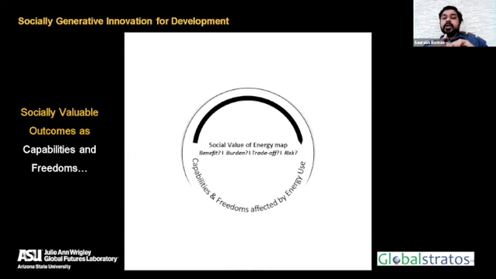By the utilization of energy, or by the infrastructure being present in my periphery, what are the kinds of outcomes being generated, and are those outcomes beneficial, burdensome, or risky for my capabilities and freedoms to pursue my well-being aspirations? Now, this can be applicable to an individual, to a household, or any unit of analysis that we are interested in.